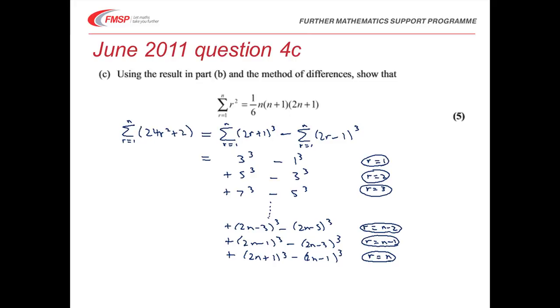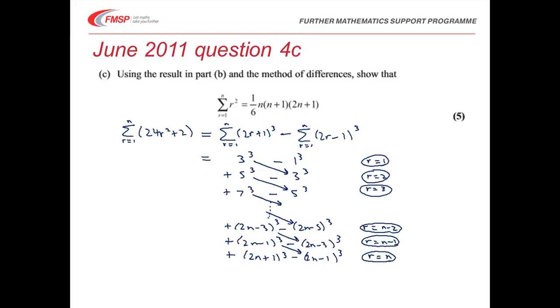Now if we look at all these terms that we're adding up, you get what's called diagonal cancelling. So these are going to cancel, so will these, and these, and these, and the one above that one will cancel as well. So will the 7 cubed.